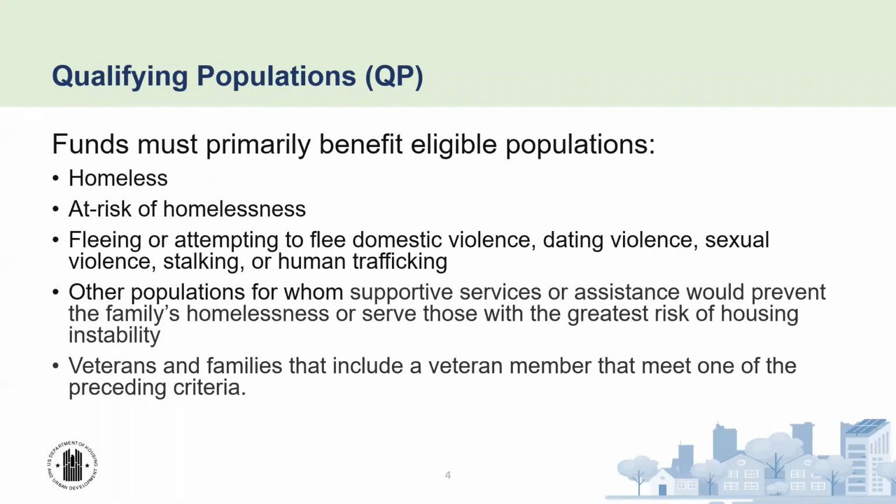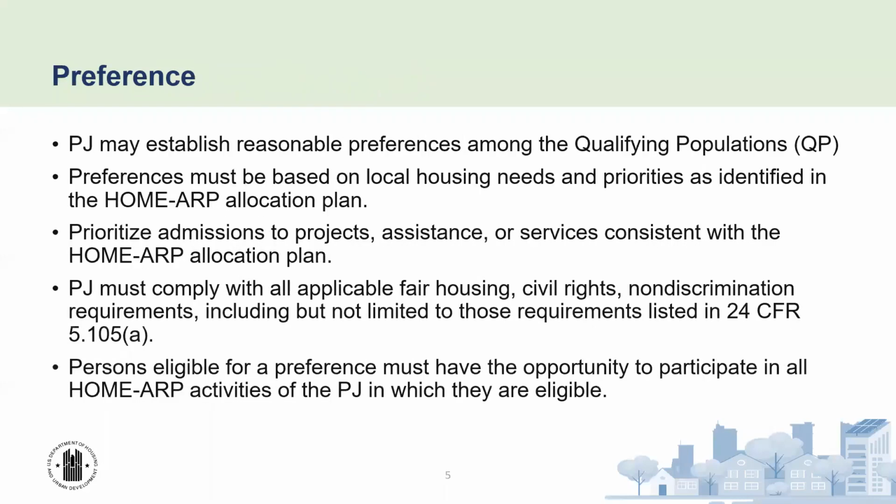ARP also specifically identified veterans and families, including a veteran member, that meet one of the preceding definitions as eligible HOME-ARP beneficiaries. As Ginny explained on Monday, even though reporting on veterans is required, for administrative simplicity, HUD did not establish veterans and veteran families as a separate QP, since they're not required to meet a separate QP definition.